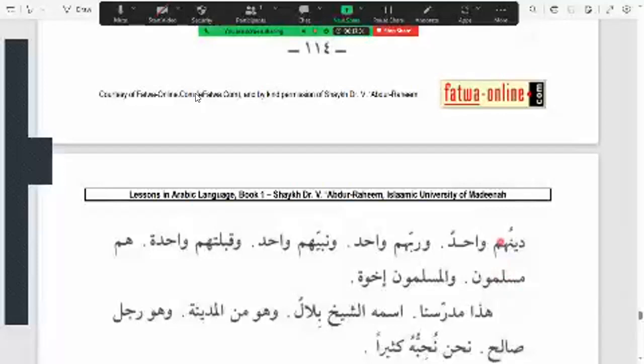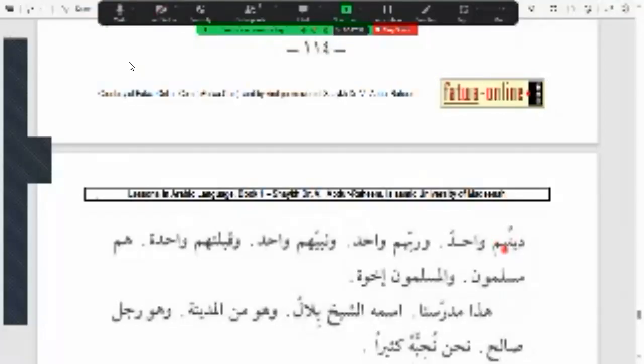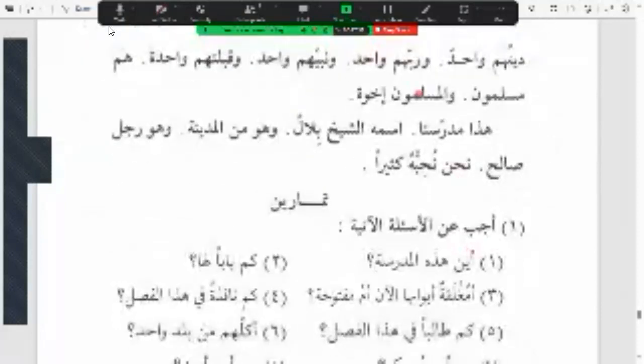But their deen is one. Their religion is one. Their Lord is one. Their prophet is one.